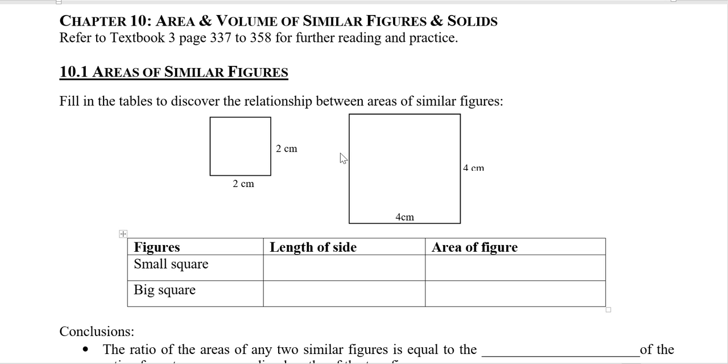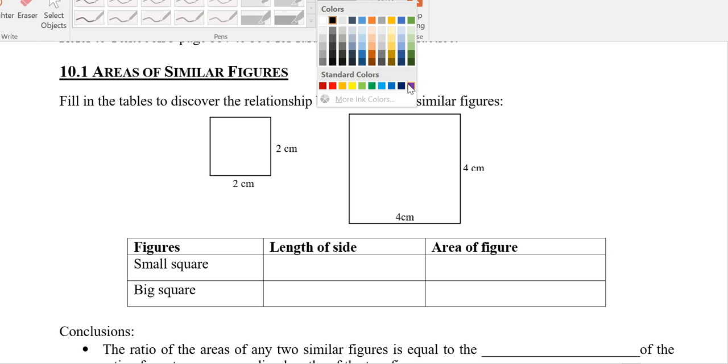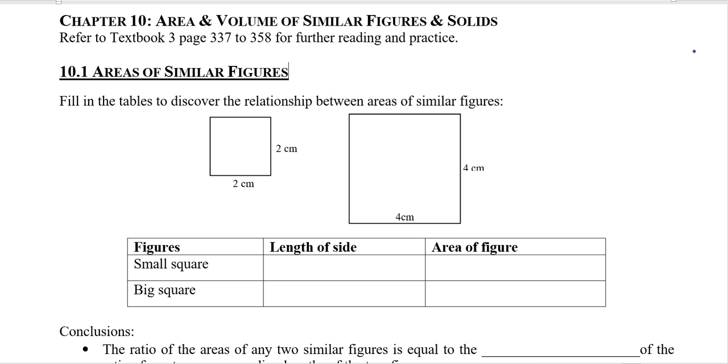Now, in this section, it is a little activity for you to find out the relationship between the ratio of the sides and the ratio of similar figures' area. So let's start with the most basic square. In this inquiry activity, the sides of this small square is 2 cm by 2 cm.